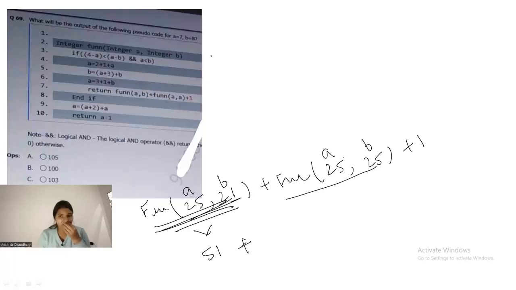All right, so this is the time to make a function call for this, a equals 25 and also b equals 25.